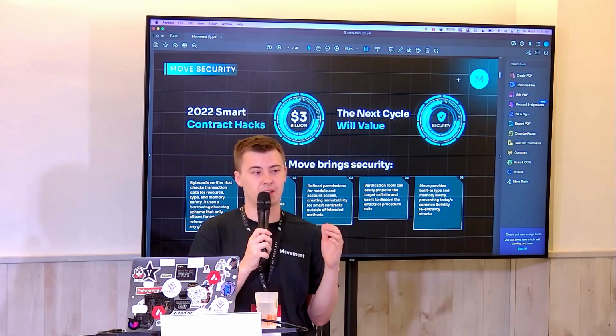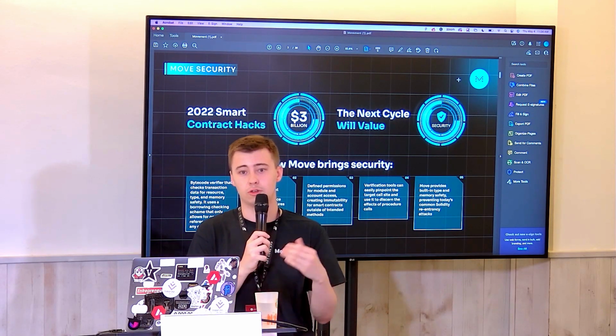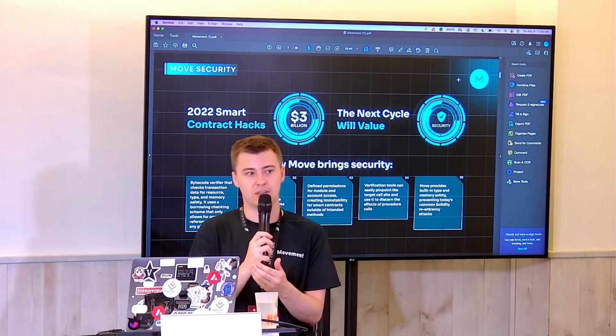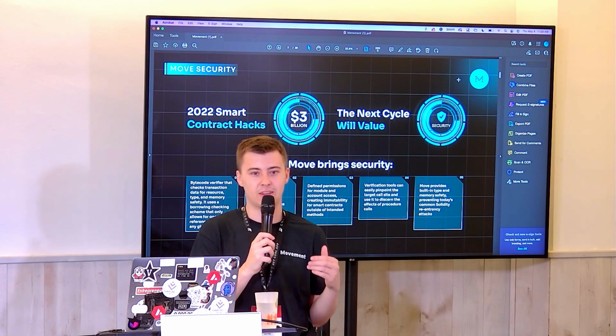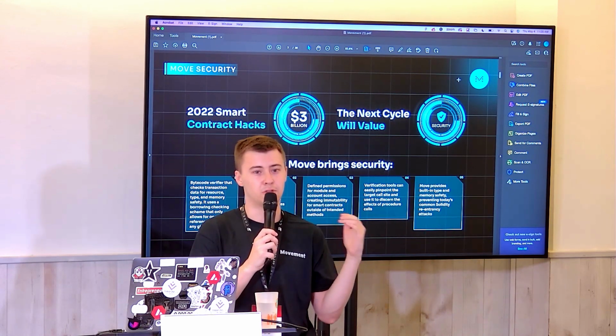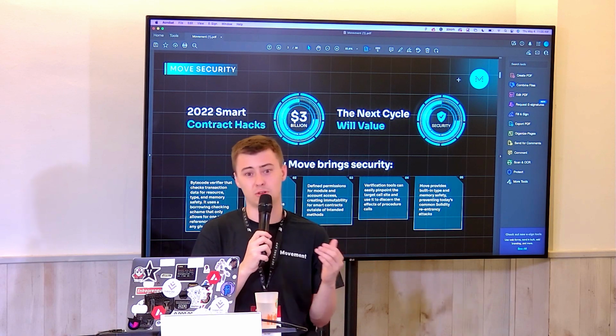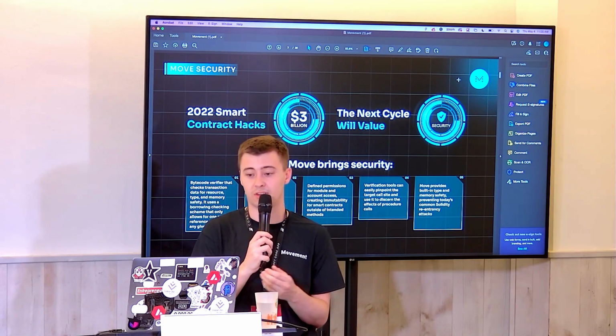So you can think of it as being able to build in guardrails to your smart contracts, which not only makes for a more intuitive development experience, but as applications become more complex, the vulnerabilities scale a bit more logarithmically than exponentially, as we see with Solidity.